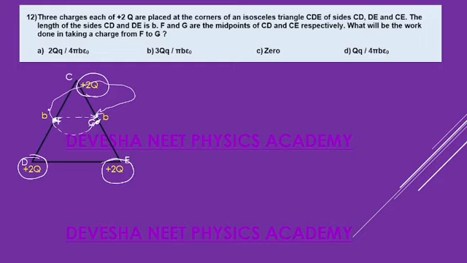So let's see whether there is a potential difference if this charge moves from F to G. If there is any difference, then only there will be some work involved. Otherwise, there is no work involved.